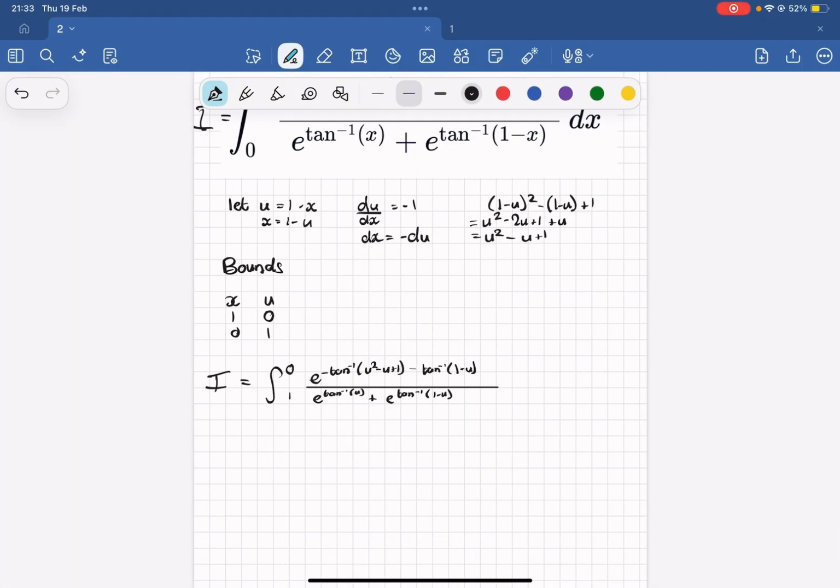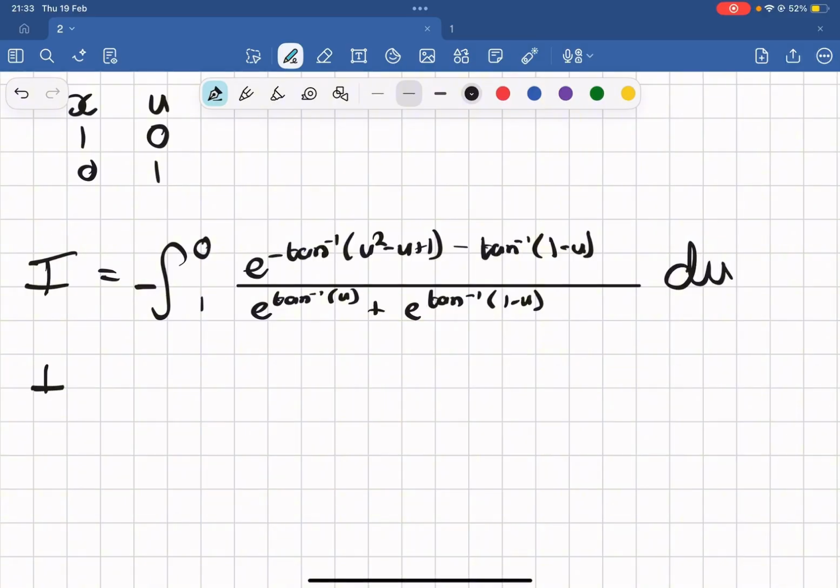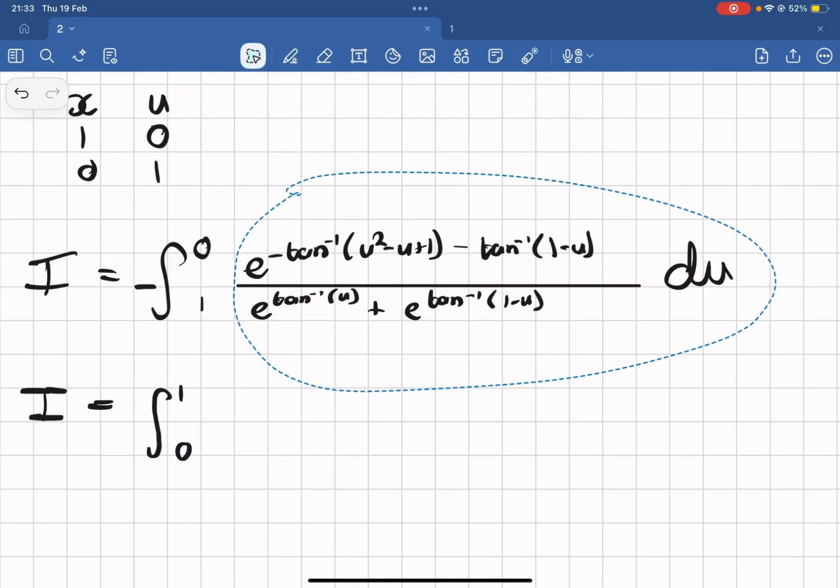Then the dx becomes minus du, so let's put the du there and the minus on the outside. Now since we've got a minus on the outside, we can simply swap our bounds and remove the minus. Let's bring all that down.